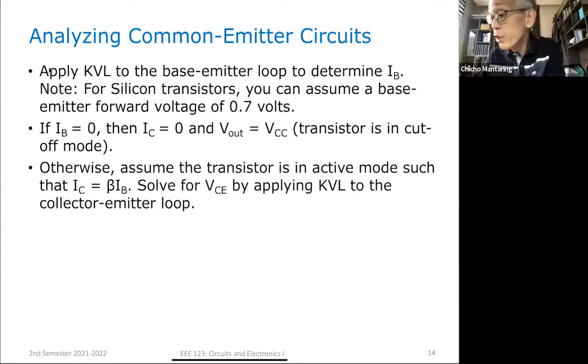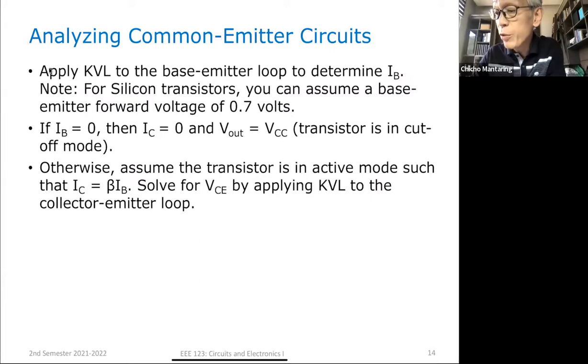What you will do is you first make the assumption that the transistor is in active mode, such that IC is equal to beta times I sub B. Again, we compute the base current here.